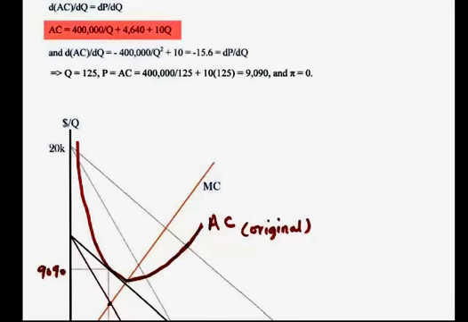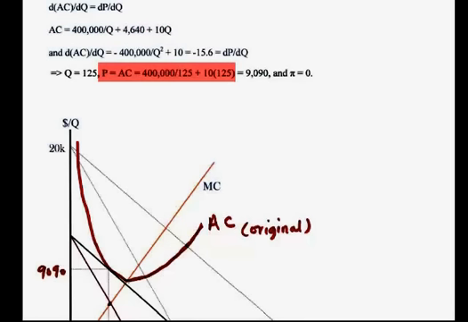So we're going to have 400,000 divided by 125 plus 10 times 125 plus 4640. So go back to the average cost equation, and we're going to plug in plus 4640, which is missing from that last line, and that gives us a price of 90.90 and a profit of 0.